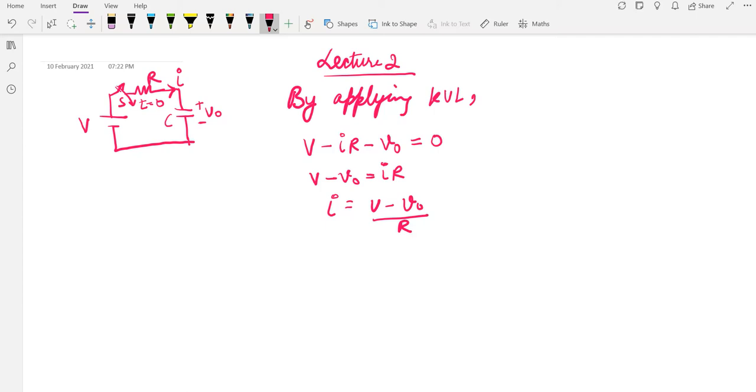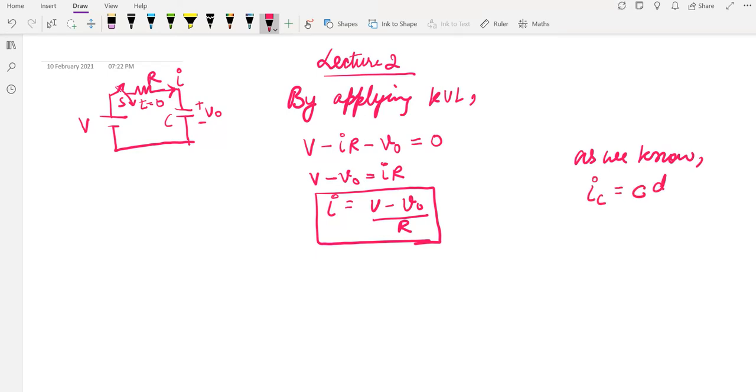This current is the same current that is flowing into the capacitor, and as we know, the current through a capacitor IC is given as C into dVc upon dt.